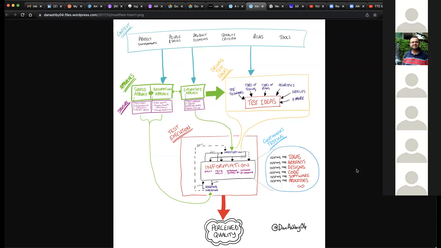Now, all said and done, I want to draw your attention to something down below at the very bottom of this picture. In the cloud, it is written as perceived quality. Now, any thoughts about that? Why is it mentioned as perceived quality and not quality? I was waiting for you to get there.